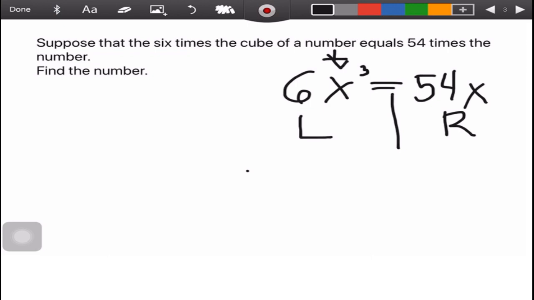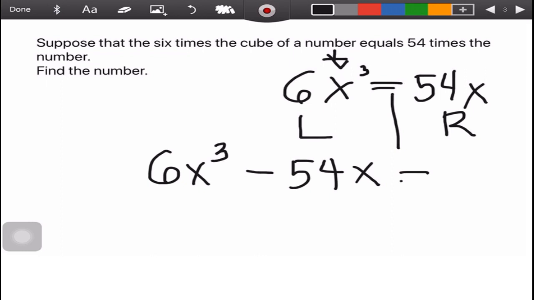But the rule is, if you are transferring a term from one side to another side, you have to change the sign. In this example, 54x is positive, so if we transfer it from right to left, it will become negative 54x. And then we copy the term in the left side, which is 6x cubed, and then equals, since 54x is already transferred to the other side, it will become 0.